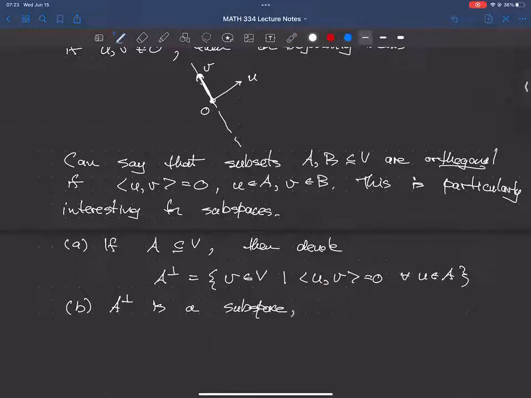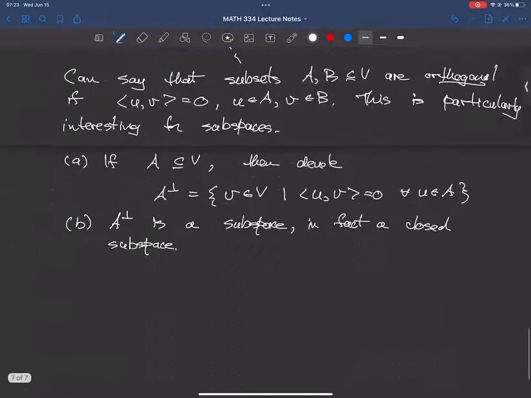Okay, and in fact, a closed subspace. And so what this shows, for example, is that not every subspace is the orthogonal complement of something.